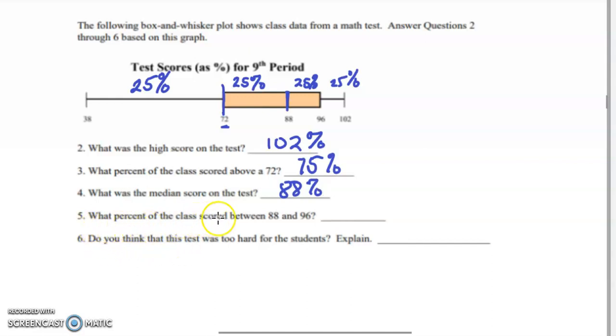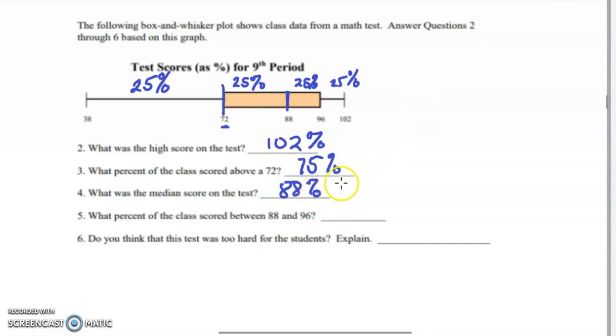What percent of the class scored between 88 and 96%? By definition, half of our data is to the right of our median and half of our data is to the left. So if 88, oh, sorry, I'm getting ahead of myself there.